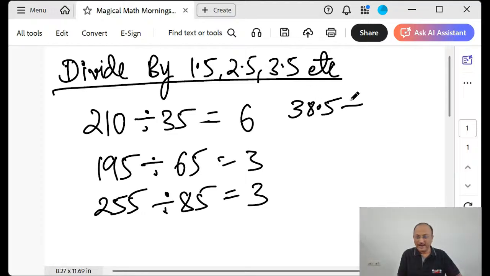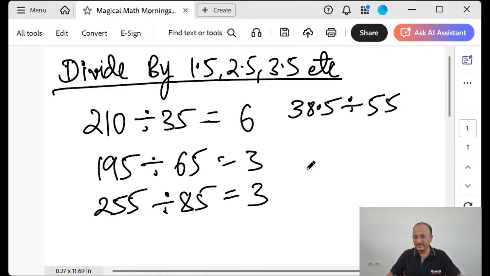38.5. I will take a decimal number also. Decimal numbers divided by a normal number, we can use this too. 38.5 divided by 55. This took a little time, correct?